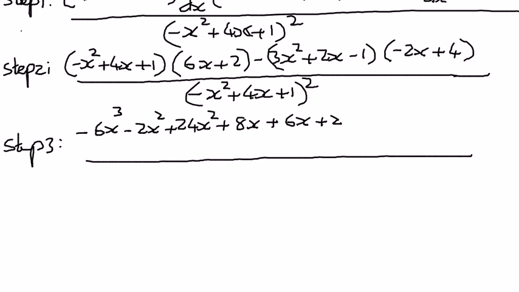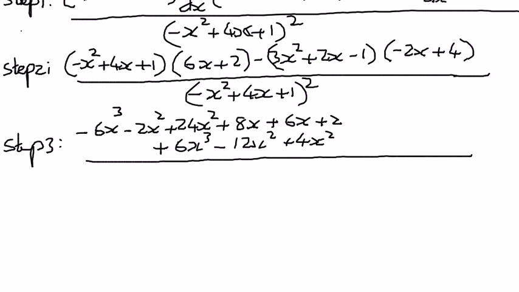We got that. The second part of it is minus 3x squared times minus 2x is going to be equal to positive 6x to the power of 3, like that. Negative 3x squared times 4 is going to be equal to negative 12x to the power of 2. Then negative 2x times negative 2x is going to be equal to positive 4x squared.